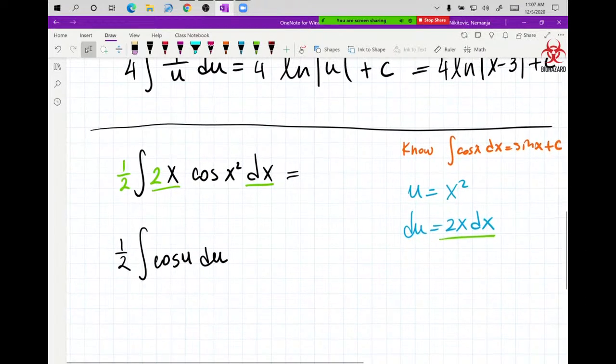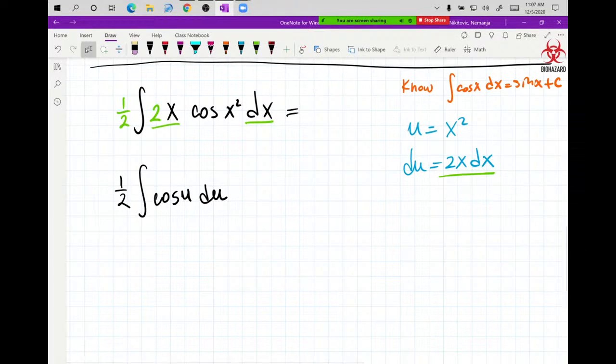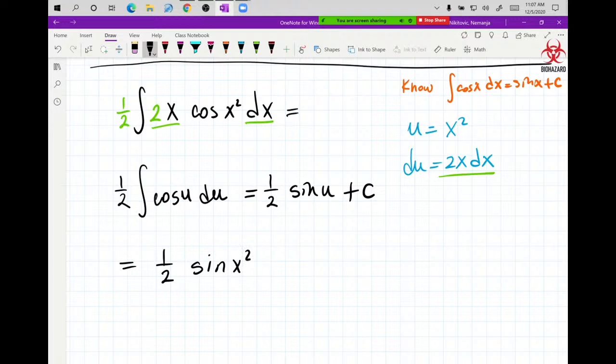So now you will have 1/2 sine u plus c, and you have to go back to the x variable. So 1/2 sine x squared plus c would be the answer, right? So we're done right there.